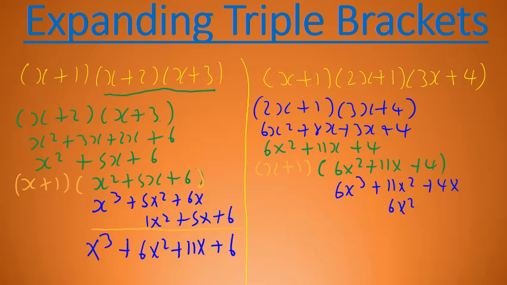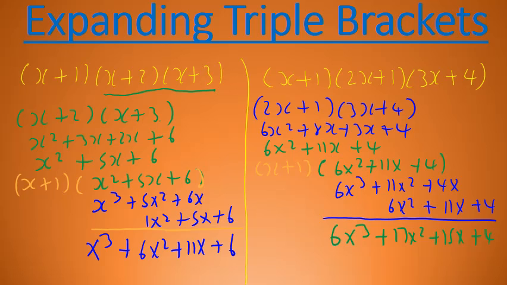That's going to be 11x, and that's going to be plus 4. And we're now going to tidy that up, and that's going to be 6x cubed plus 17x squared plus 15x plus 4. And that's correct.